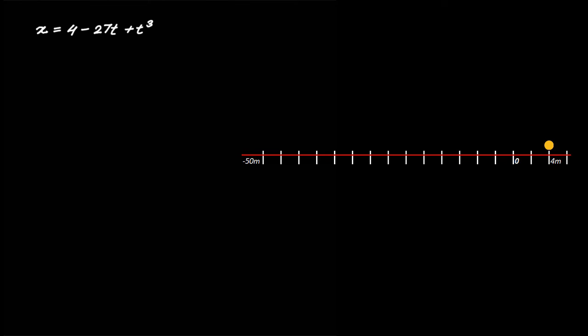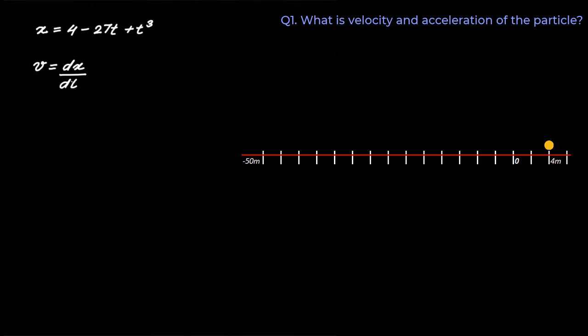And the question is to find the velocity and acceleration of the particle. So we can say velocity would be v is equal to dx by dt, which equals minus 27 plus 3t square, and acceleration would be dv by dt, that is a is equal to 6t.